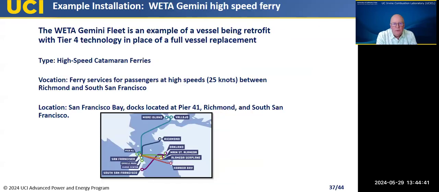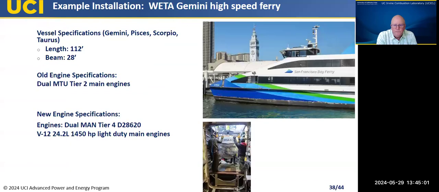Okay, so this is the Water Emergency Transportation Authority. They're Gemini class high-speed ferries. And again, this is an example of a retrofit, basically changing the engine technology to tier 4 technology. Next slide. So these are some of the details there.